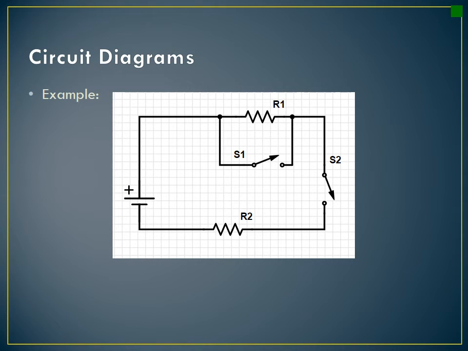All right, last thing I want to do is take you through a circuit diagram and show you how the different parts work together to create different effects. If you're designing a circuit, you're going to use combinations of resistors and switches to control the brightness or the speed of motors, and sometimes you might want to have one motor on and another motor off, and lots of variations on that.